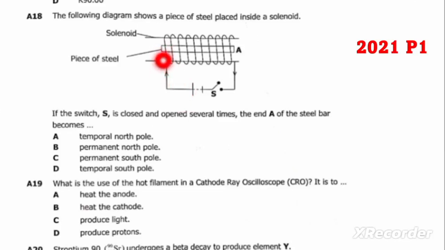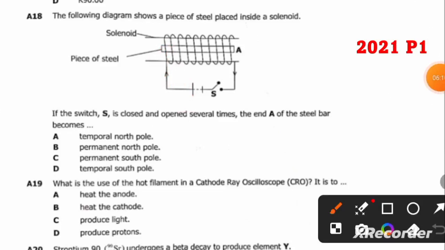So if the thumb points here, this one will be our north, then this one will be our south. Therefore, the end A of the steel will be south.